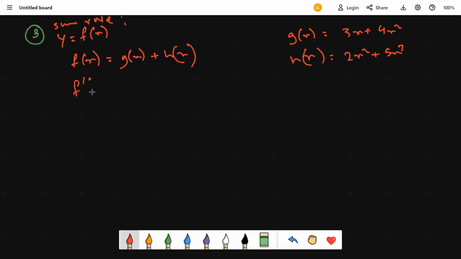So when we try to find the f prime of x, meaning dy by dx, we are simply going to find the differentiation of each individual function. So we'll find simply g prime of x and h prime of x, and then just add them. Can you find a similarity between this rule and the first rule?